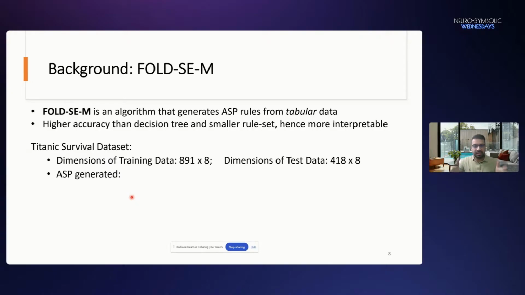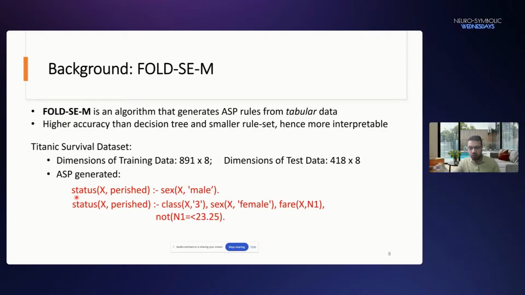So this is a simple classification problem on tabular data, and you can use FOLD-SE-M to generate rules and give some classification. For example, the FOLD-SE-M algorithm, when used on this dataset, gives two rules.